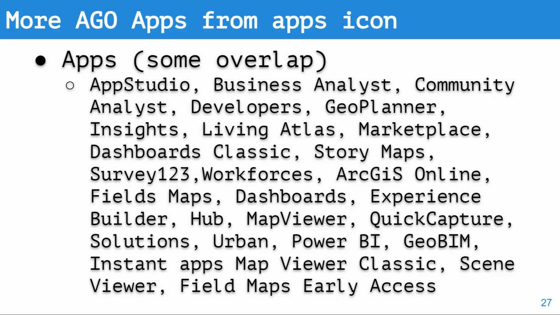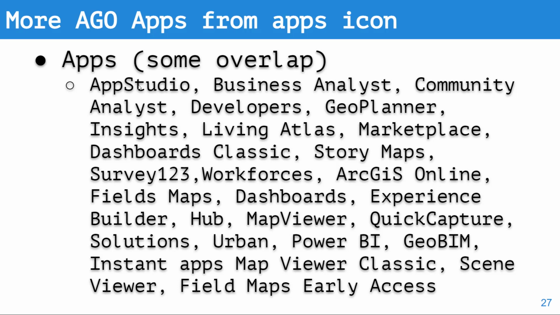Story Maps are like the ones before. Survey123. Why is it off here on the side? Why isn't it on the other side? Well, two reasons. They have a whole other site, a web interface for building the surveys. Plus, there's usually a mobile app that you download on your phone to take the survey. So like I said, there's a little companion app. Workforce has a little companion app for your phone. ArcGIS Field Maps has an app you go get from the App Store.